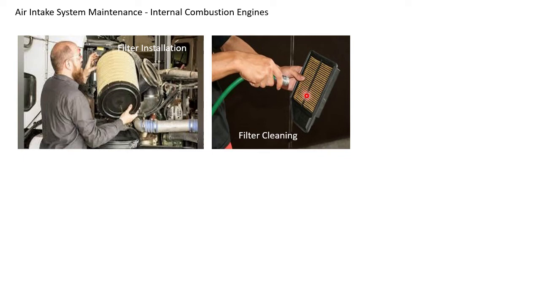Use mild, recommended pressure of air, normally clean from the opposite direction of the airflow. It should be done when we find the filter restriction indicator or filter clogging indicator. If the vehicle is not provided with the filter clog indicator, please follow the manufacturer's recommendation.